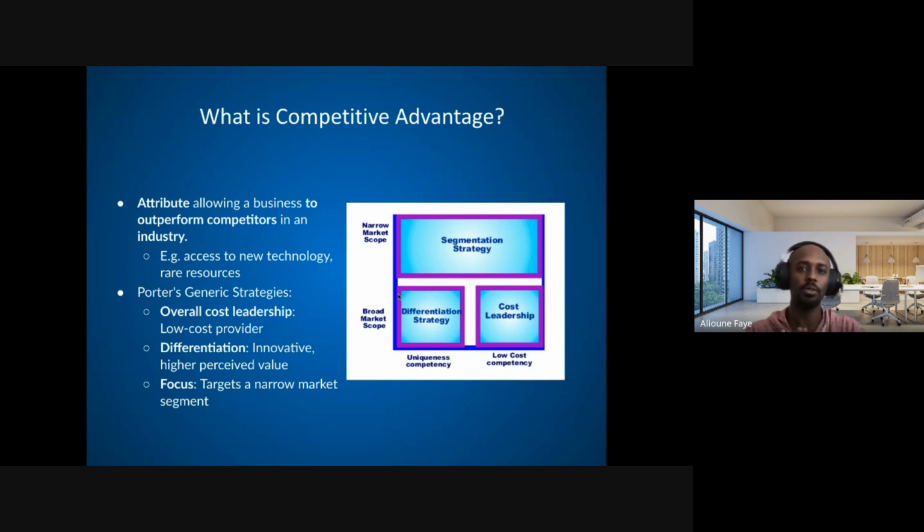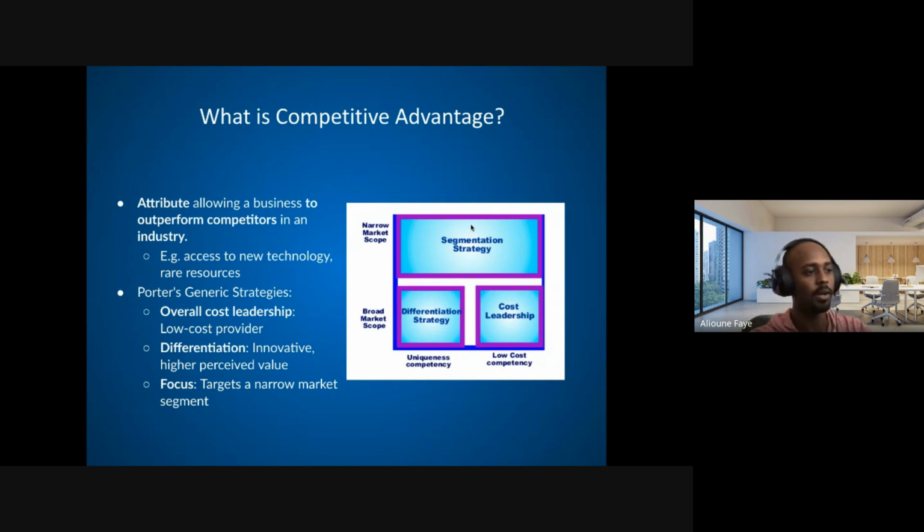You can become very competitive on price, and this is called cost leadership. In a big market, it's called cost leadership strategy. In a narrow market, it's called cost focus strategy, so you're focusing just on cost in your niche market.